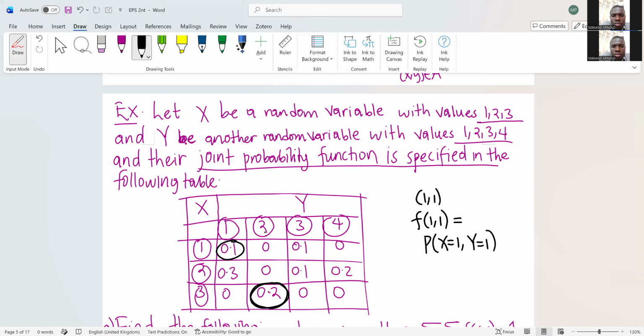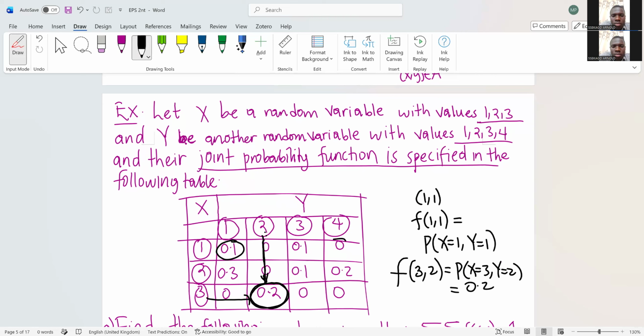Up there is a 2, Y equals 2, then down here there is a 3. So that is f of what is x? X is 3. Start with x, don't forget. X is 3, then Y is 2. And that is the same thing as saying probability of X equals 3, Y equals 2, and that value, colleagues, is 0.2. That's how the table is interpreted.